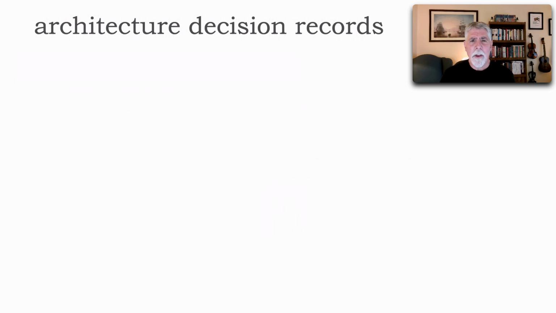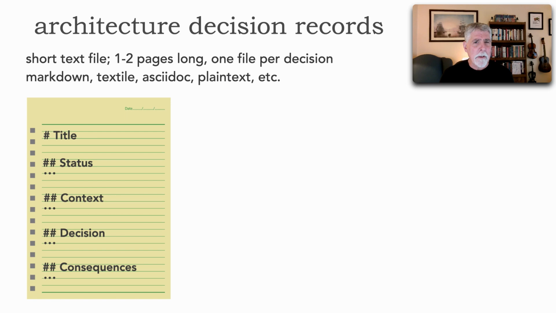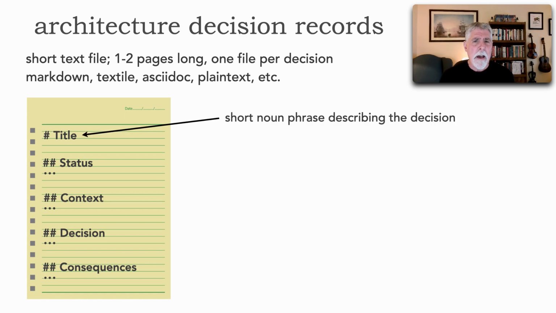So an architecture decision record, just in a quick review, is usually a short text file where every decision you make as an architect has a corresponding separate text file. Now, I usually use AsciiDoc, but you can certainly use Markdown, plain text, or any other format that you want to use. But there are 5 main sections within an ADR. The title, the status, which I talked about in lesson 141: proposed, accepted, superseded, or request for comment.